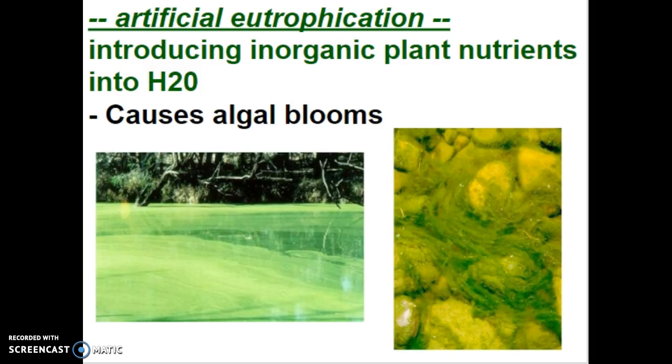However, sometimes if we get a lot of inorganic nutrients, especially things like fertilizers, that make their way into a lake, river, or stream, it can cause what's called an algal bloom. So algae just goes nuts because it has all of this yummy nitrogen and phosphorus, and it keeps reproducing by mitosis. And so a very small group of algae can turn into a giant blob of it and can actually choke and kill out a lake.